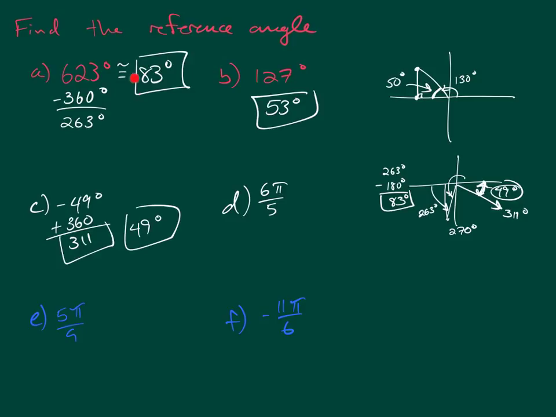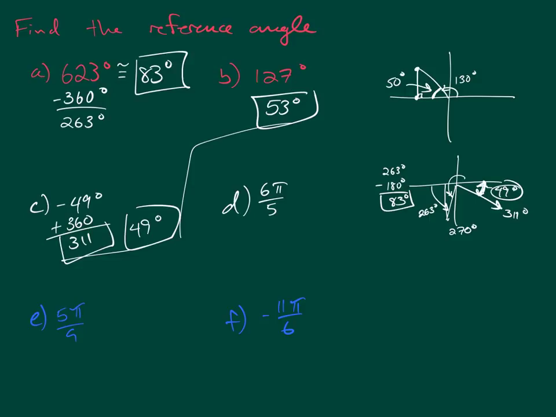So again, reference angles are always between 0 and 90 degrees. And if you have something that's less than 0 or bigger than 360, take it back to that first revolution so that you can more easily find the reference angle. Now for radians. With radians, we don't want anything that's bigger than 2 pi, and we definitely don't want a negative angle.